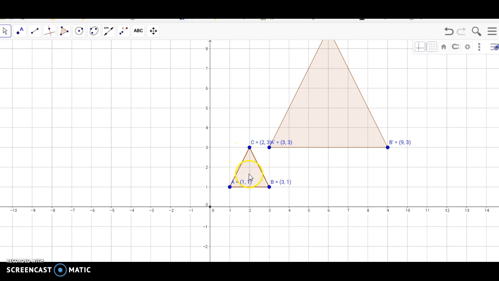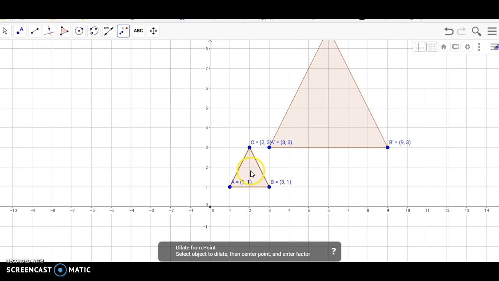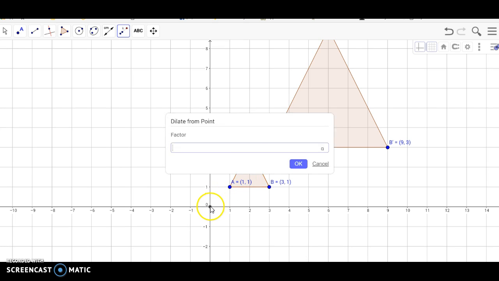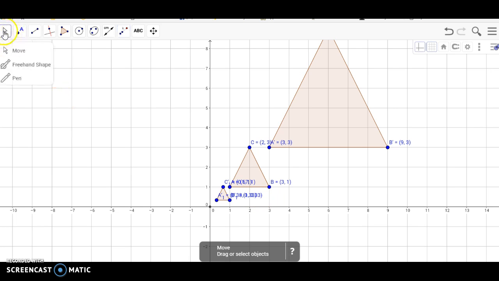Let's move this up a little bit. Now I want to make this thing smaller. Let's make it 3 times smaller. So again, I'll go to my dilation tool. I'll click my object, my point of dilation. When I put in my scale factor of 1/3, I'll put it in like this: 1 divide by 3. That's how we write 1/3. We'll say OK. And ta-da! Here it is. Now these new points are a little bit hard to see.